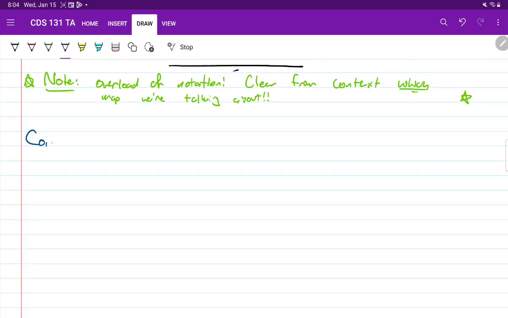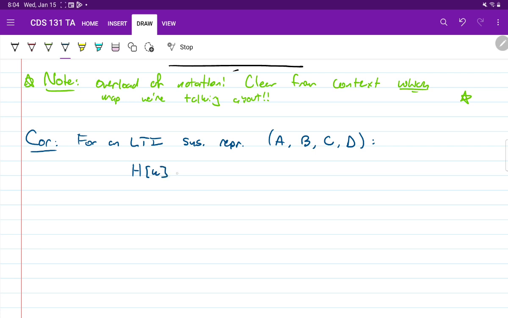So a nice corollary of this earlier result is, for an LTI system representation which is specified as a tuple A, B, C, and D, what we have is that your discrete time impulse response map is computed as h of k equals C A to the k minus 1 B when k is greater than 0, D when k equals 0, and 0 for k less than 0.